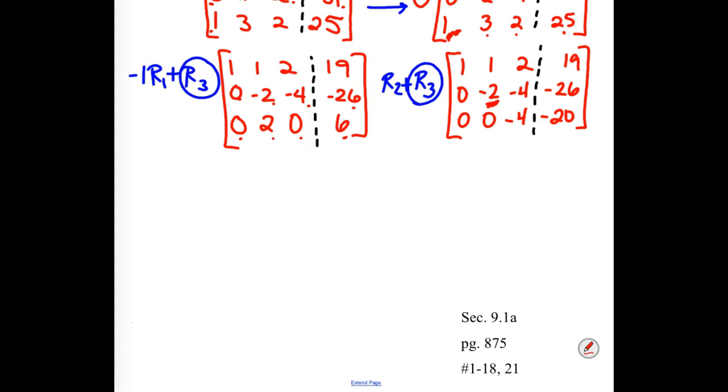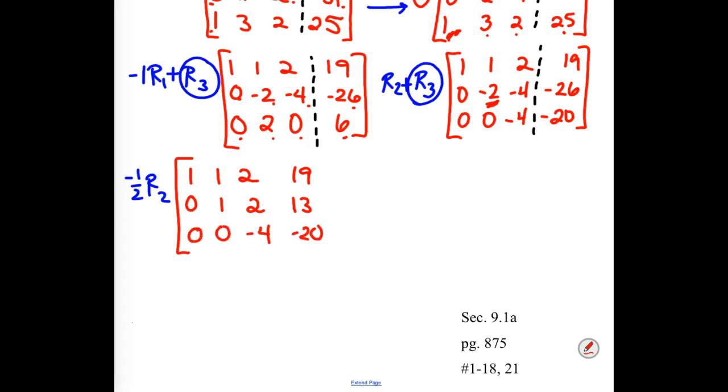All right, so we are going to take negative 1/2 times row 2. So you should be getting 0, 1, 2, 13. Agree? Okay.